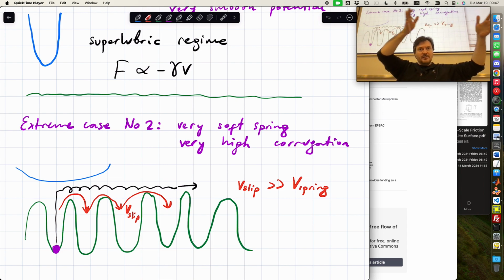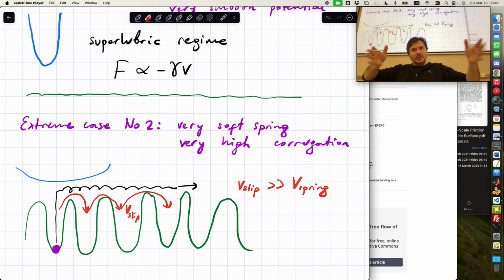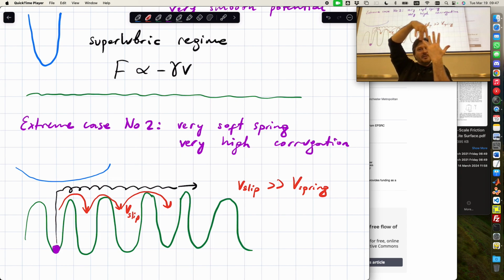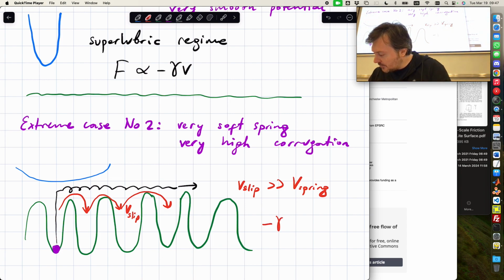That's the system that is moving against the other system. But inside, microscopically, these things that are doing tick, tick, tick are moving way faster. Does it make sense? Since they are moving way faster, and since the microscopic friction is still minus gamma v, it will be minus gamma v slip.